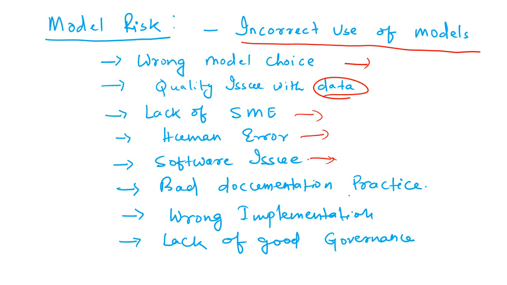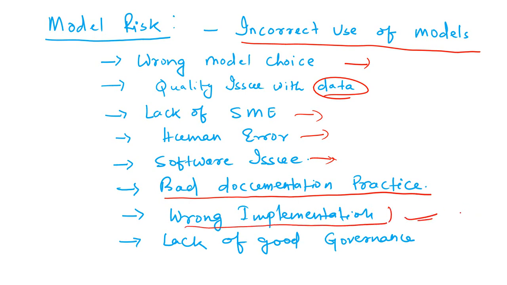Bad documentation practices, and that is probably the most probable reason for finding issues, because many times developers develop good models but do not document properly, and at a later point of time this becomes an issue. Wrong implementation: people who implement models are normally from IT and many times don't understand models well, so there is always a gap.